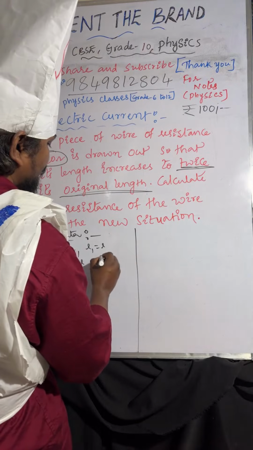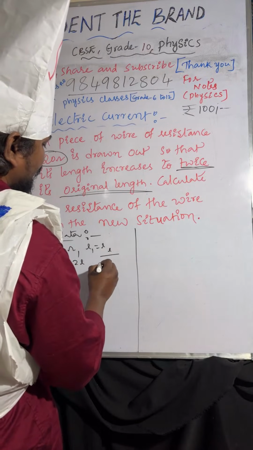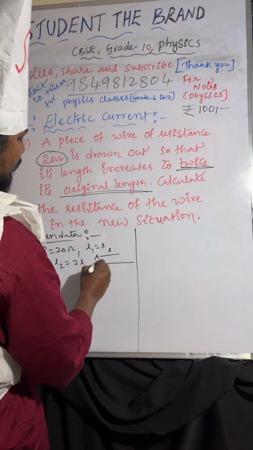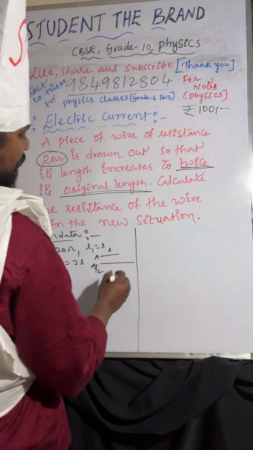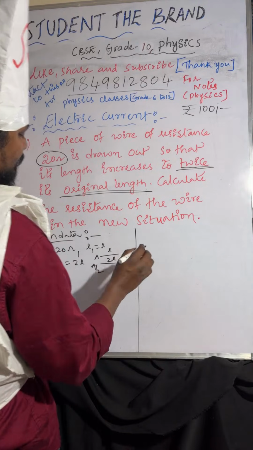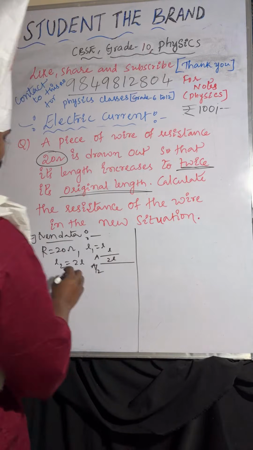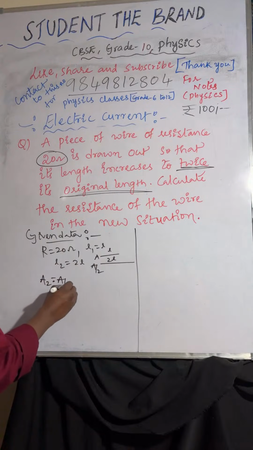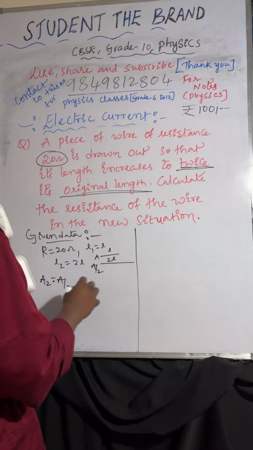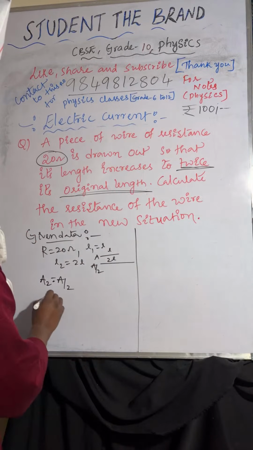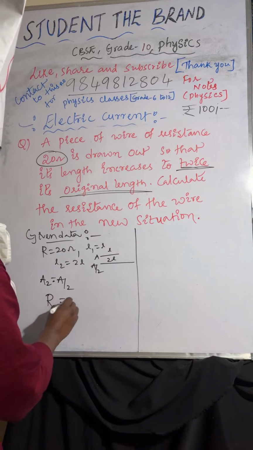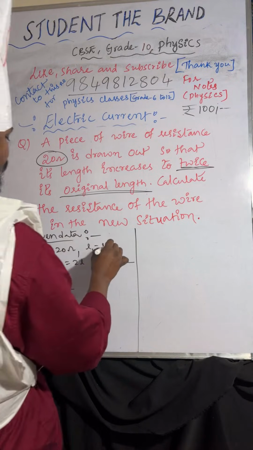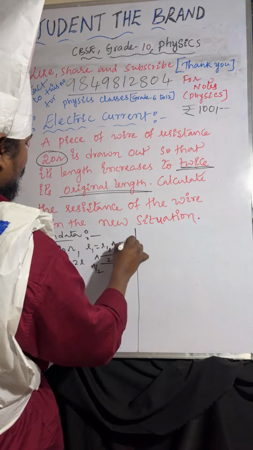If the length is twice, then the area decreases, so the final area is A by 2. Now L2 is 2L, A2 is A by 2. They are asking to find out resistance R2. Here R1 is 20 ohm, and A1 is A.